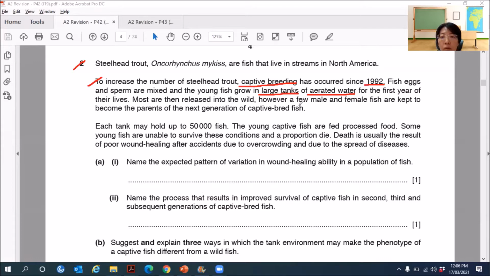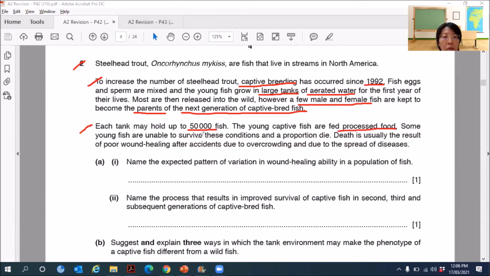However, a few male and female fish are kept to become the parents of the next generation of captive bred fish. Each tank may hold up to 50,000 fish, and the young captive fish are fed processed food.